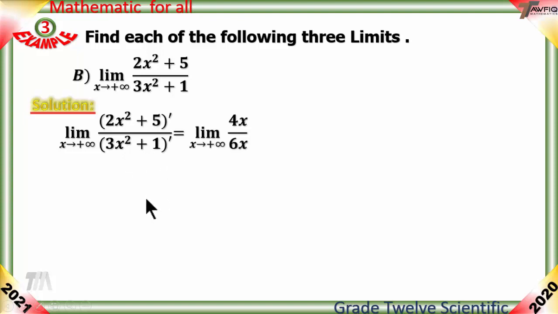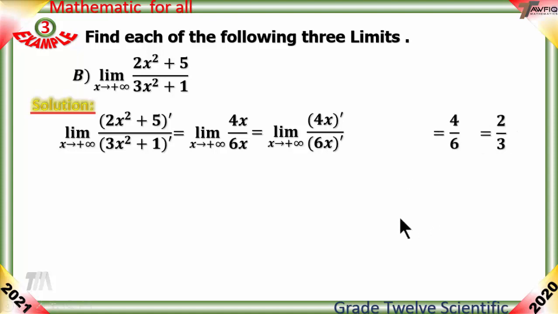The derivative of 2x squared is 4x, and the derivative of 3x squared is 6x. Now canceling x with x, it becomes 4 over 6, and simplifying it becomes 2 over 3.